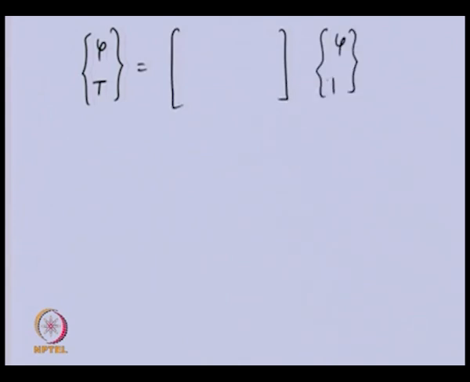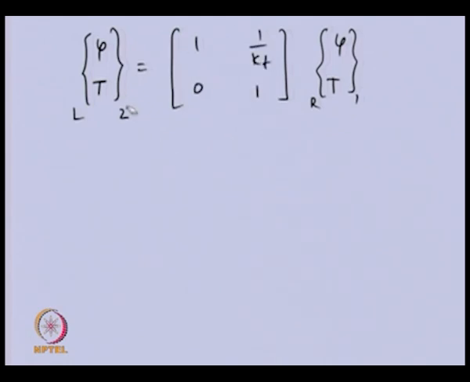In the previous case, we had the field matrix, which was relating the two state vectors at either end of the shaft, right of disk 1 to the left of disk 2, and we had this as 1, 1 by k t, and 0, 1.